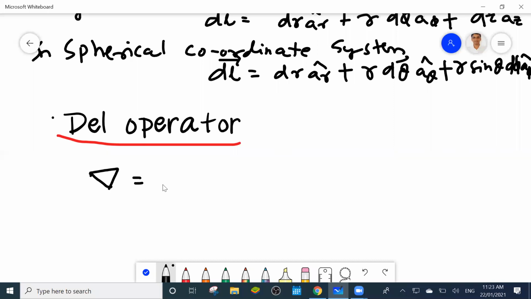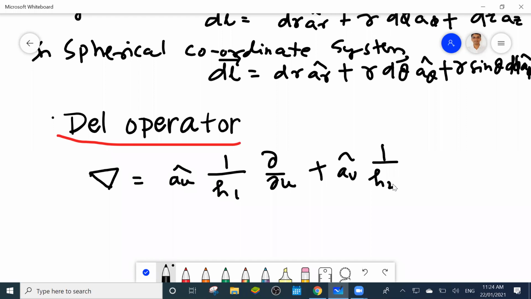Del equal to, in general notation I am writing, au cap 1 by H1 del by del U, this is the first one, plus av cap 1 by H2 del by del V, plus the third component will be aw cap into 1 by H3 del by del W. So what is the variation of that vector in U direction, V direction, or W direction?